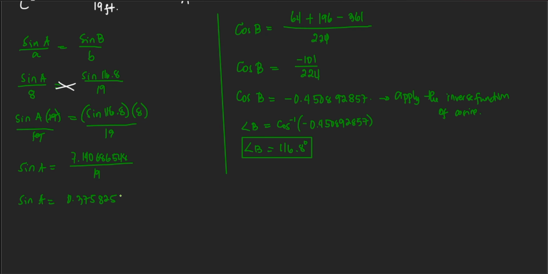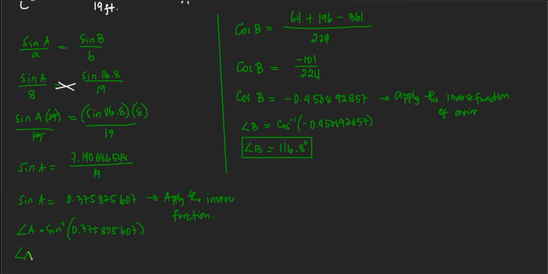Now again, since we're looking for the angle, apply the inverse function. Okay? So, we have angle A. So, sine negative 1, copy 0.375825607.